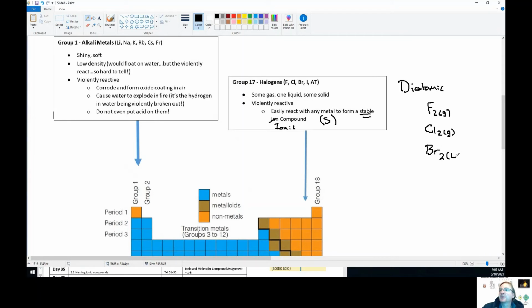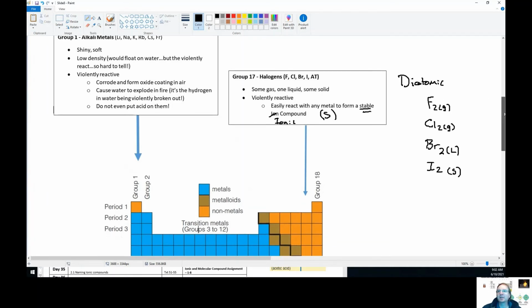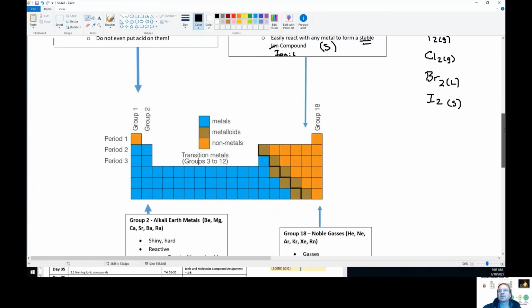Br2, even though it's in group 17, is a liquid. Look at iodine, I2, number 53, and check out its state of matter: solid. They're all diatomic. That's how they stabilize their valence electrons. They're so violently reactive that they pair up and form a somewhat stabilized gas, still incredibly dangerous.